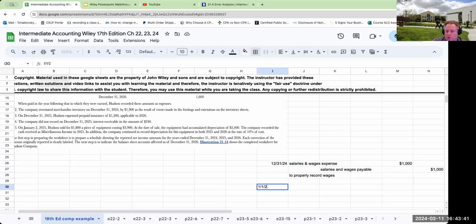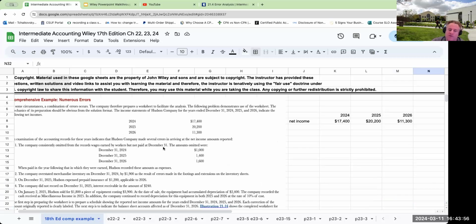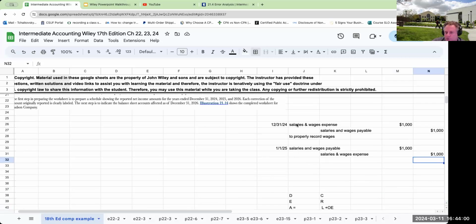So on 1/1/25, we would need to debit salaries and wages payable, and then credit salaries and wages expense. The reason is because when the wages are actually paid, say on January 6th, this is going to include this accrual so that we make sure it's put into the proper period.